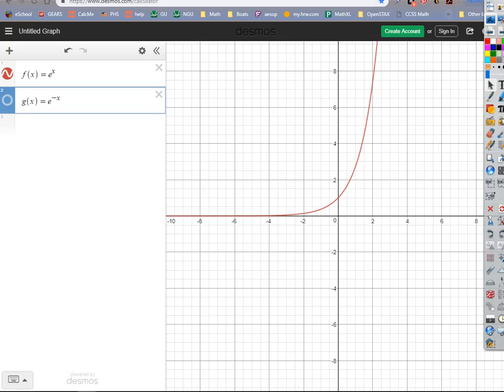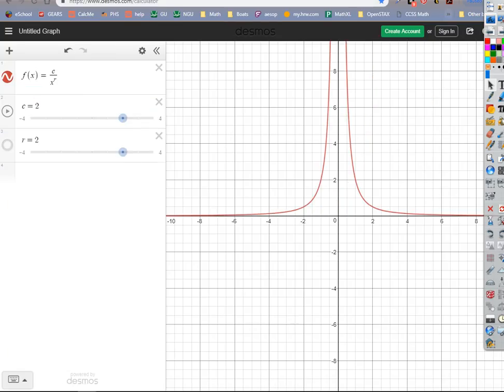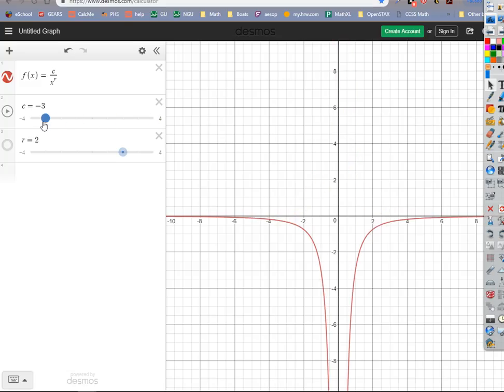Also, how about this? What if we take f of x equals c over x to the r, just to demonstrate what we talked about earlier? I can slide this around, so it doesn't really matter what c is. If c is a positive number, the bigger the number, the more it's stretching it vertically. If I make it negative, it just flips over. But in either case, the horizontal asymptote is at 0, isn't it?